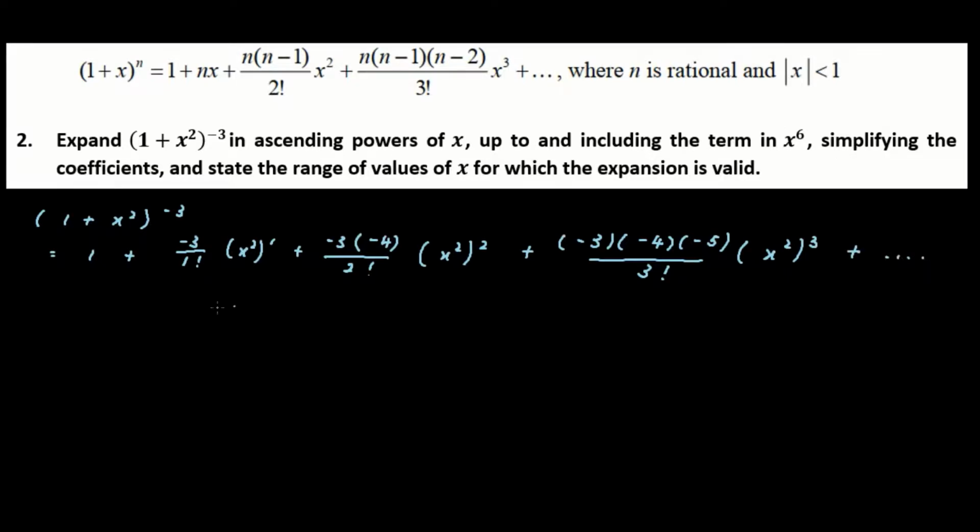Okay, easy, right? Then after that, you can continue: 1, then -3x squared plus 6x^4 minus 10x^6 plus so on. Okay, so this will be your answer.